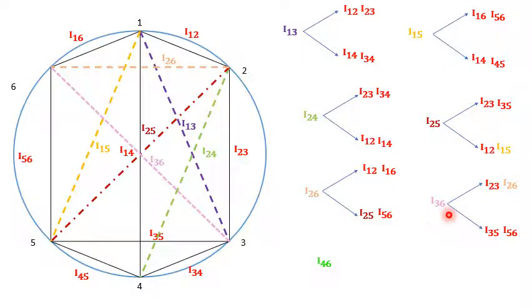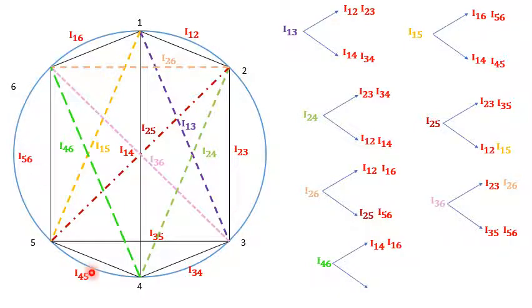So last one is I46. So connect links 4 and 6. Draw a line between points 4 and 6. This is nothing but I46, right? So it forms two triangles. The points corresponding to the first triangle are I45, I56.